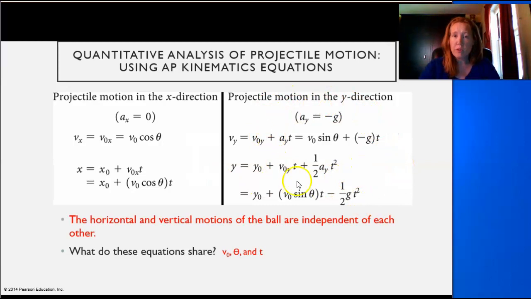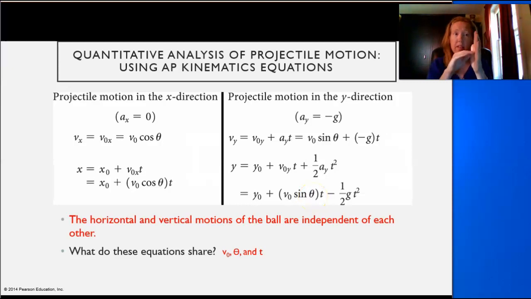And then for the y direction, we take that totally separately. It's totally independent. And we use negative 9.8 as our acceleration, assuming up is positive. Okay, and we use all the same equations we did for free fall. We just remember that we have to take the y component of the launch velocity, because that's the only part of the velocity that gravity is going to have an effect on. Gravity doesn't have any effect on the forward part of the velocity.